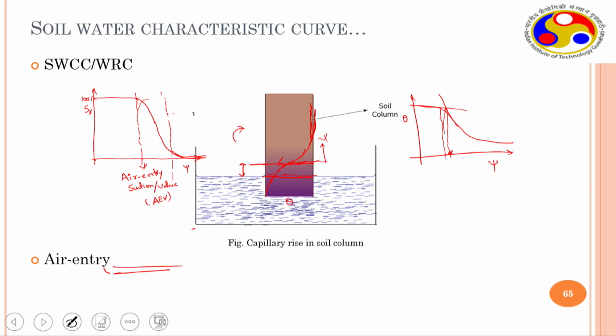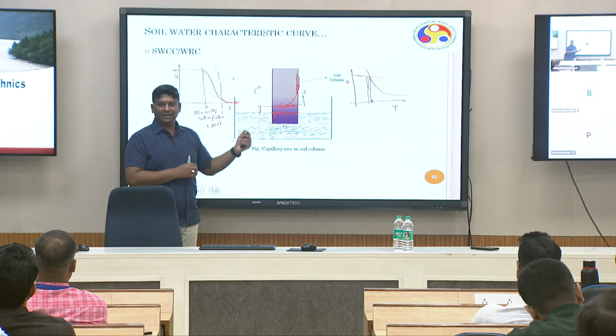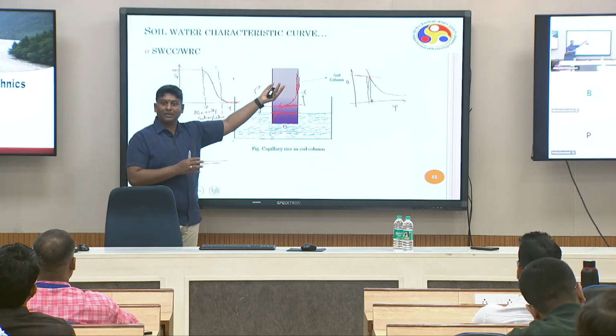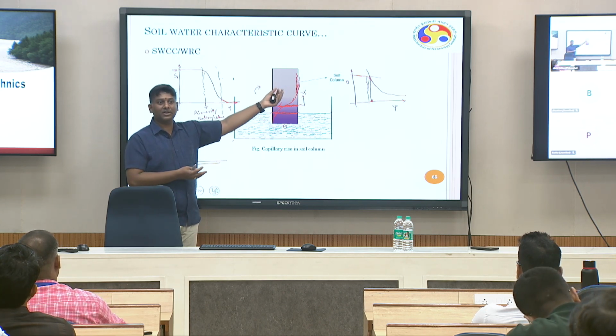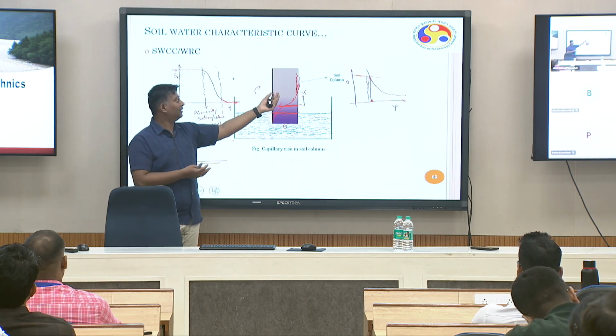So beyond this, within the soil pores, air has entered, which is called air entry suction. This particular height is called air entry suction head or capillary raise simply. Beyond that, capillary fringes are there. Partly it is saturated because thinner pores might have received more water, and that's how they are.